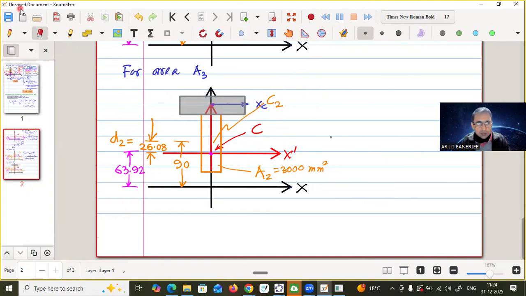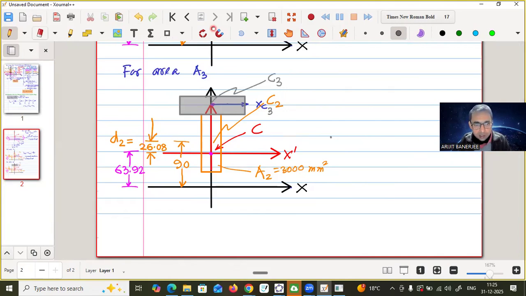So this is 3 and this is 3. Okay. What is this is C2 and this is C3.